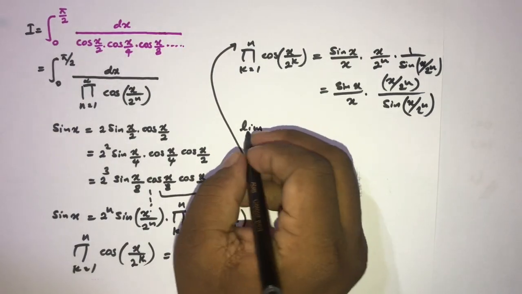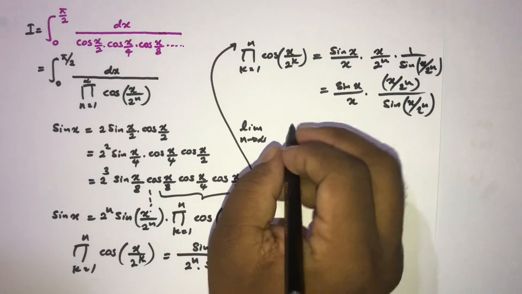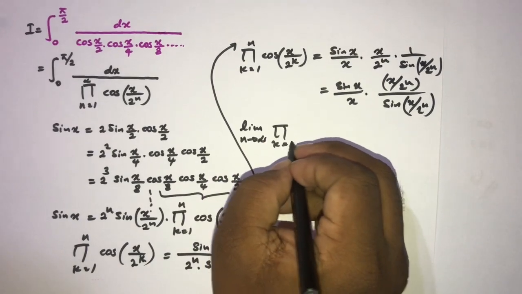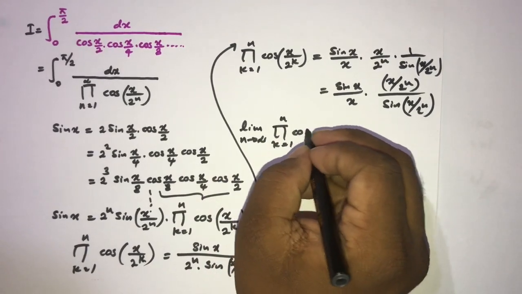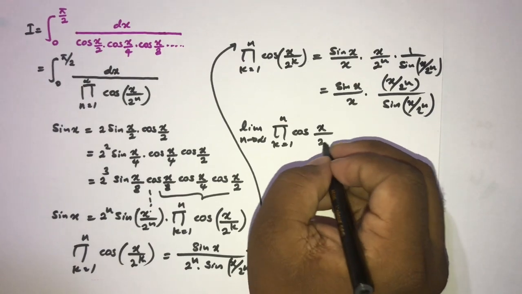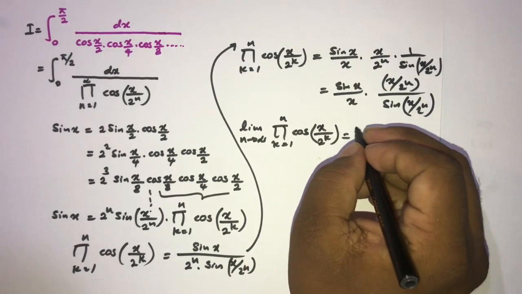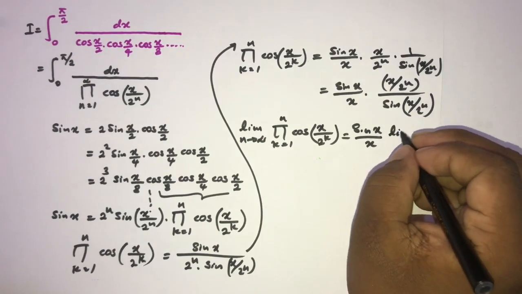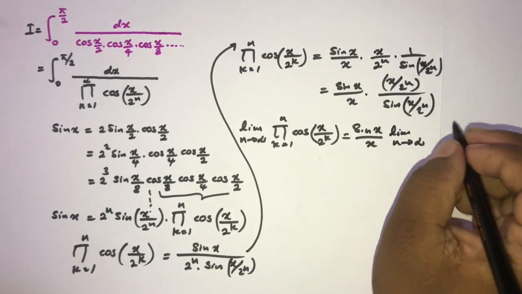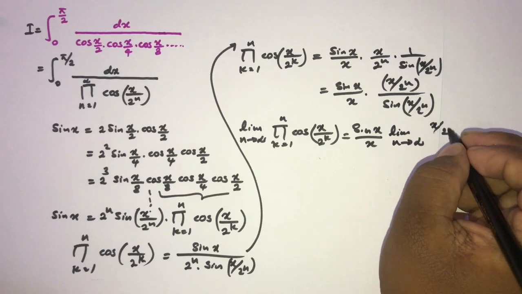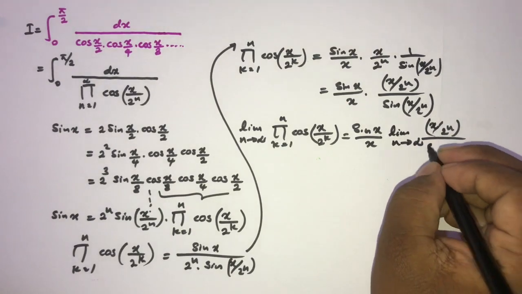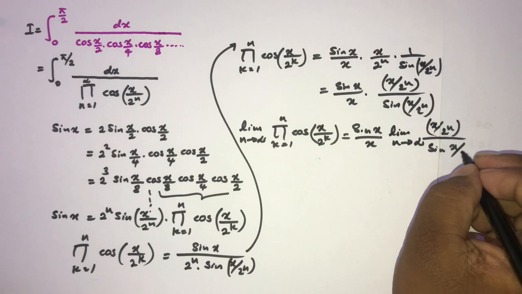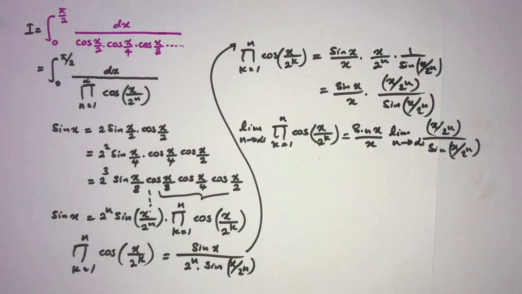So the limit as n approaches infinity of the product from k equals 1 to n of cosine of x over 2 raised to the k is equal to sine of x over x times the limit as n approaches infinity of x over 2 raised to the n over sine of x over 2 raised to the n.